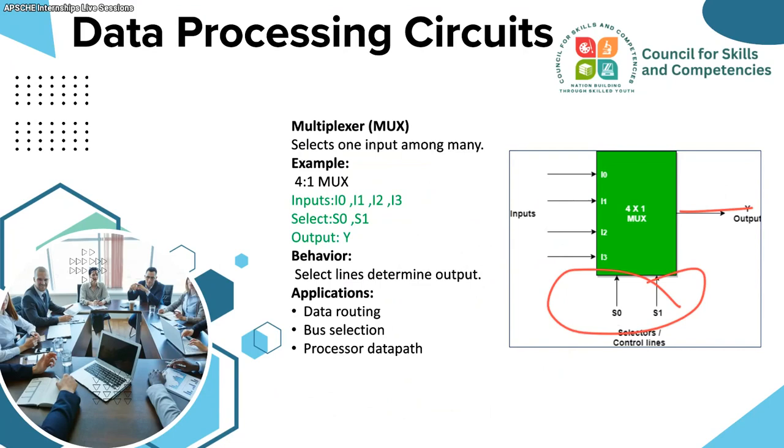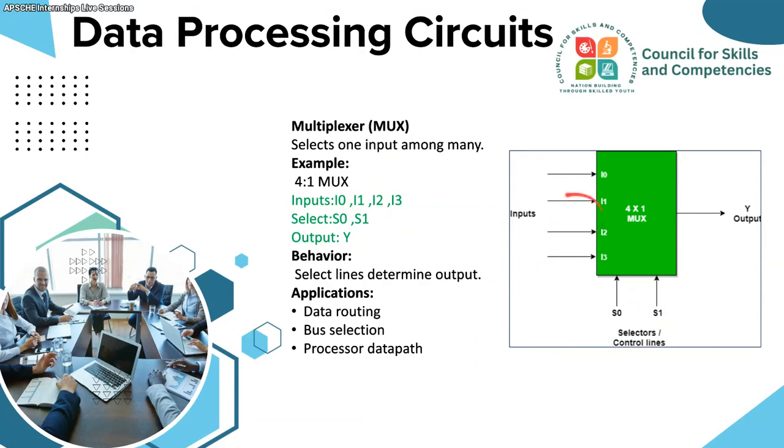Depending on some condition, you can allow I0 or I1 or I2 or I3 depending on the control lines. So you will have a control circuit.